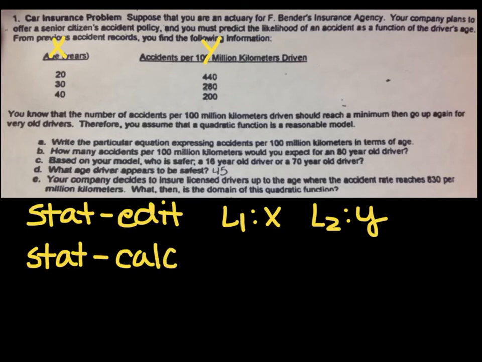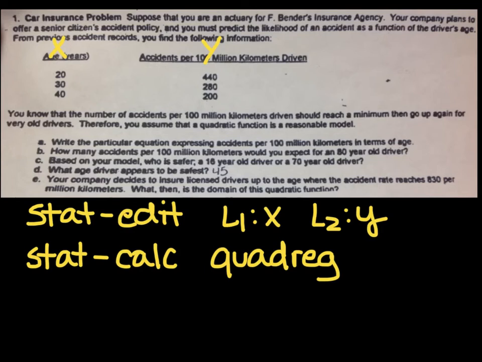Instead of linreg, because we don't want the linear regression, we want quadreg, because we want the quadratic regression. And you know this is quadratic because you've been told that it is. I'll teach you later how to figure it out if you didn't know. But right now I'm just telling you this is going to be quadratic, so use the quadreg.